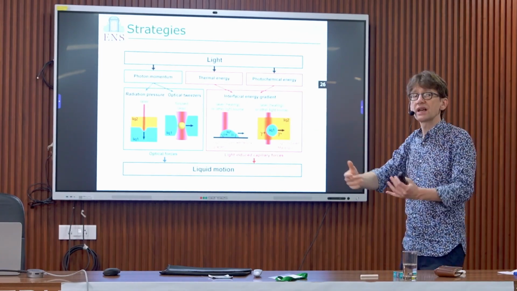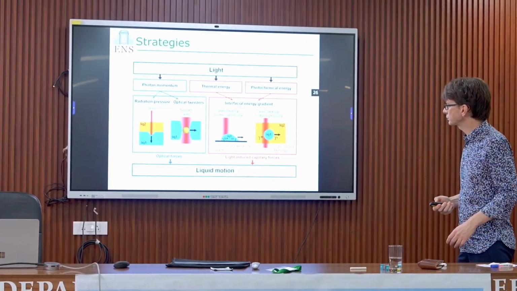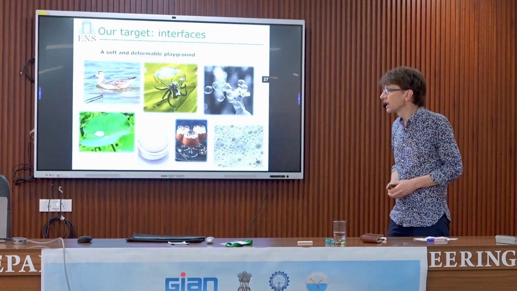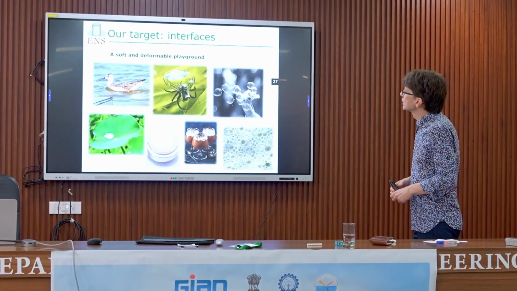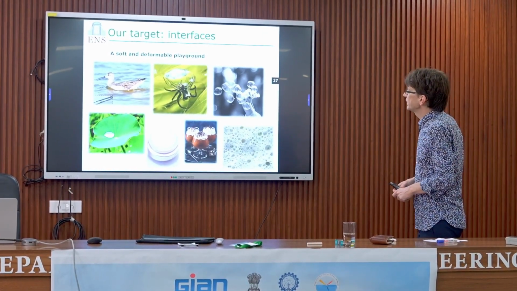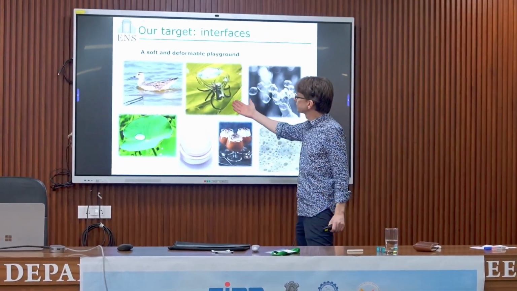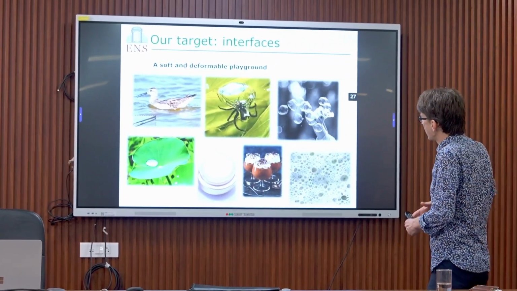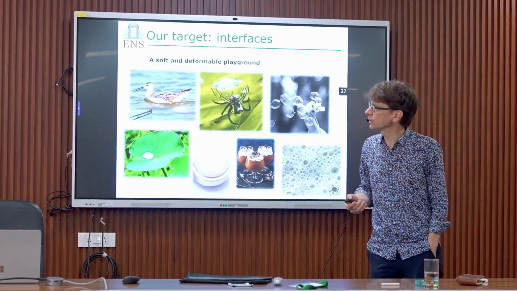So when you decrease the size, the surface becomes more and more important compared to the volume. So interfaces are maybe a very nice target. They are very nice targets because, okay, they have surface tension, but they are soft and they are deformable. And we saw many examples. If a spider is capable to do that, maybe it's not that difficult, right? And you can create easily a lot of surface, for example, if you lower the surface tension.